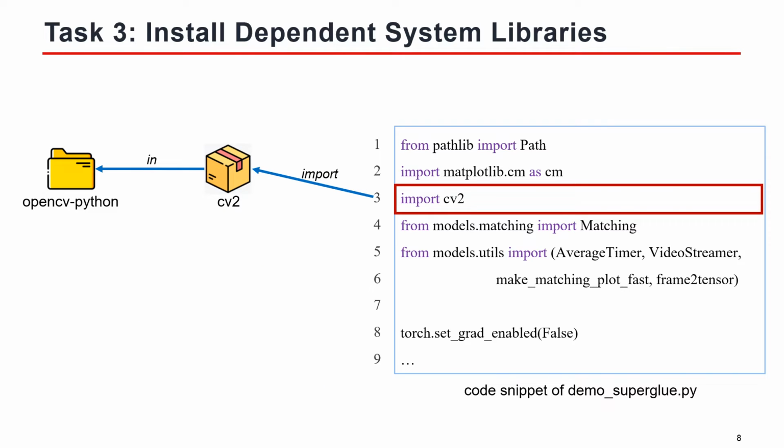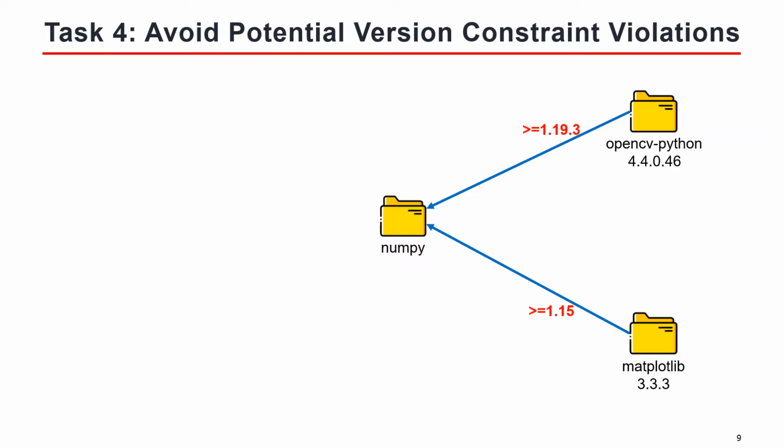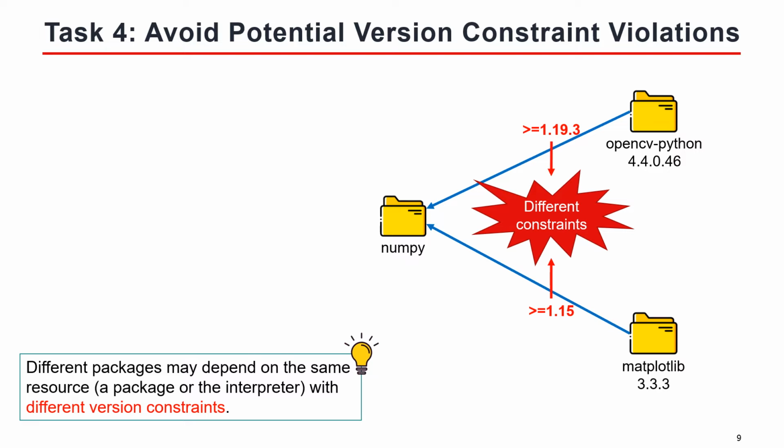Thirdly, OpenCV-Python depends on a system library, libopencv-contrib. We should install it before using the package. Lastly, a package can be required by others at the same time with different version constraints. Therefore, users should carefully choose a proper package version to avoid potential version constraint violations.